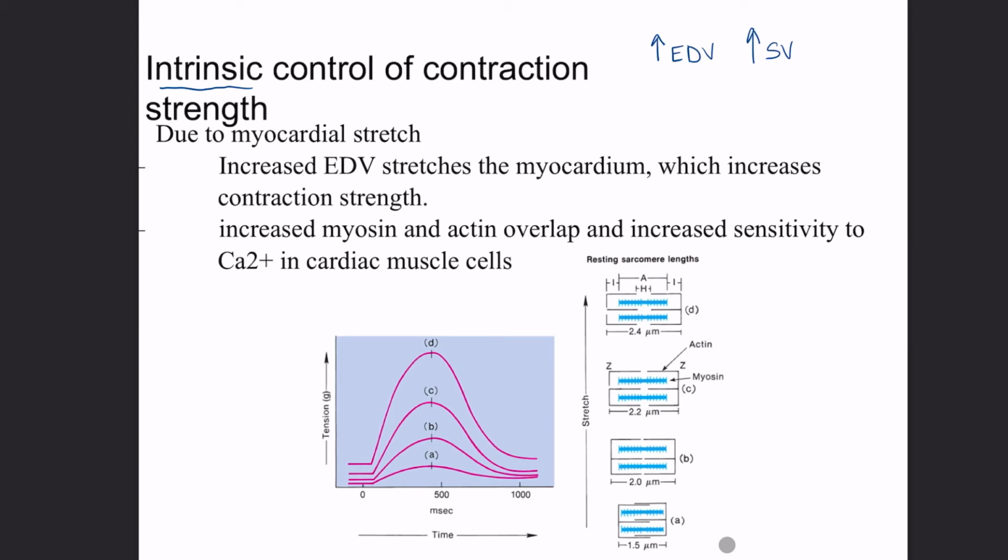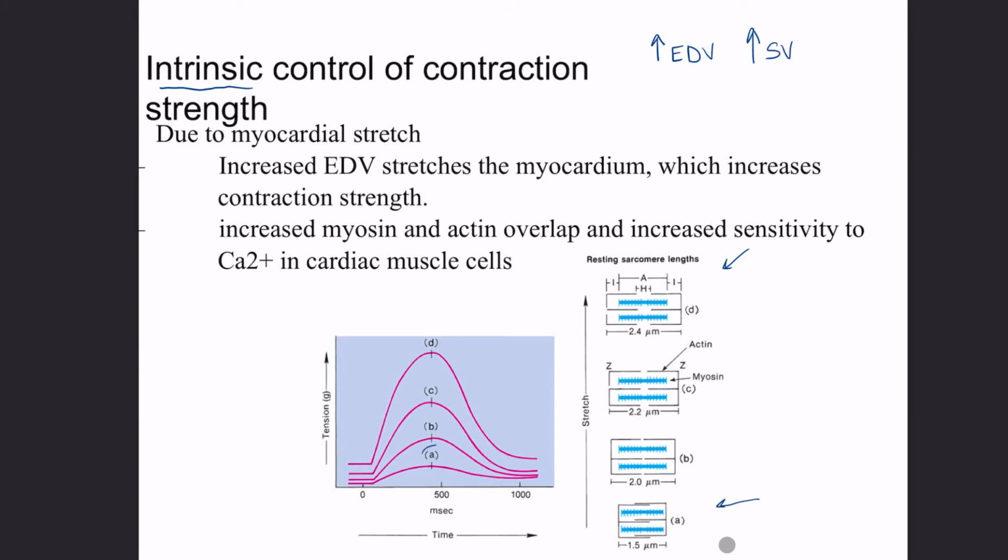You can see in these pictures here, let's start at A, when there was low volume at the end of diastole, notice that the myosin and actin overlap each other a lot. There's not going to be enough space for contractile strength.